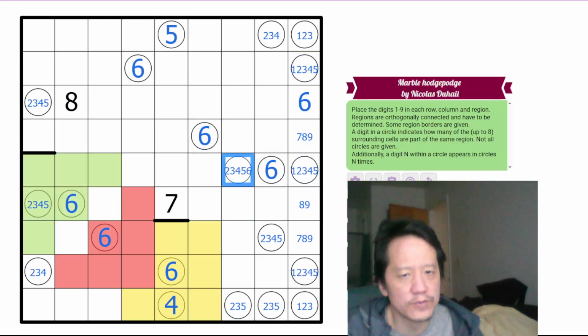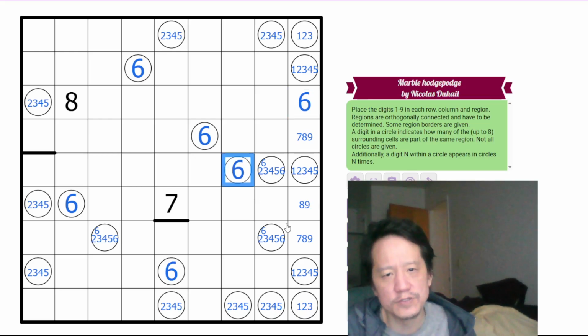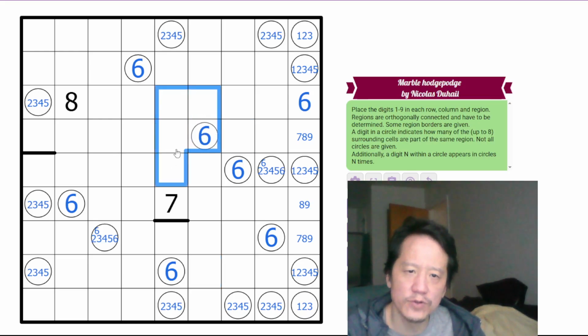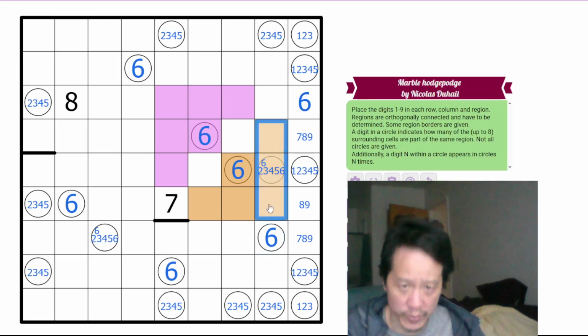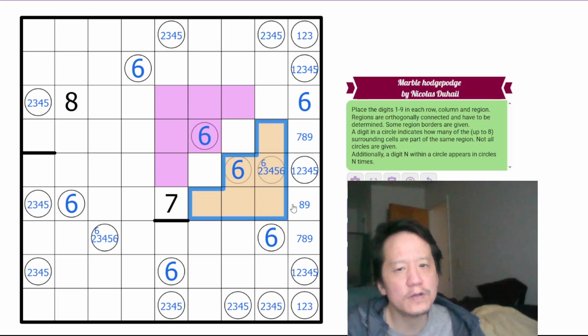What about the other way? If we tried to go the other way. Say this was a 6 and this was 6. And this would have to be all its own. This would have to be all its own. But this could not be part of this one, right?